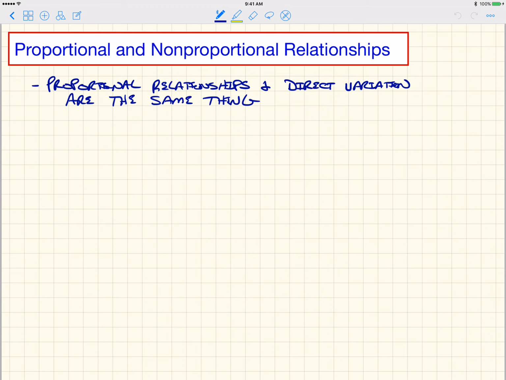All right, so today what we're going to do is take a look at chapter 3-6, proportional and non-proportional relationships. Believe it or not, we have already discussed proportional relationships. A proportional relationship is exactly the same thing as a direct variation. Remember, a couple of lessons ago, we talked about equations that were direct variation.